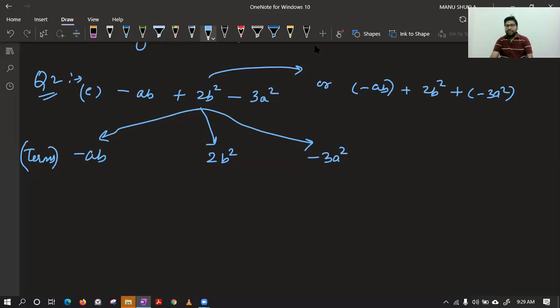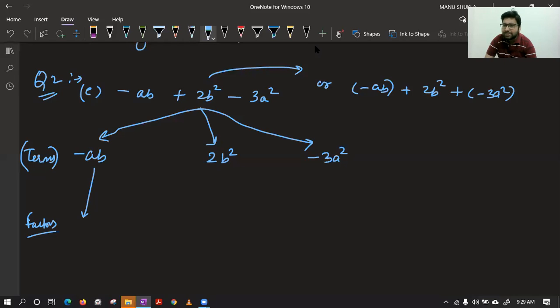Now after getting this, we have to do the factor thing. How many factors are there of minus ab? Tell me the factors. First factor of minus ab is minus 1.